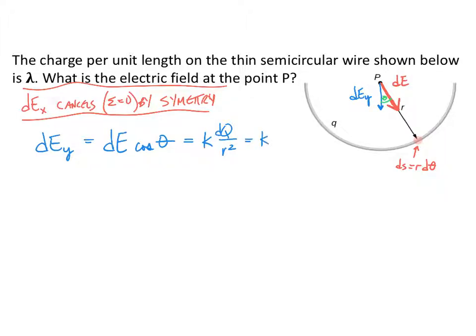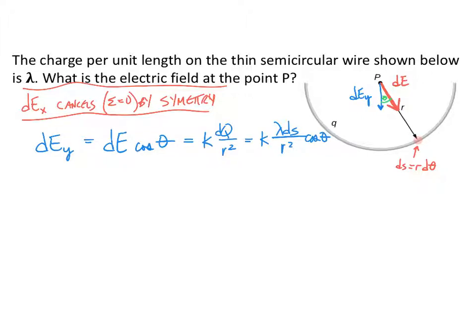It's going to have to be k and the lambda ds, okay, just like in the last problem, but it was lambda dx because it was a straight wire. But now it's going to be lambda ds per r squared, and then the cosine theta.